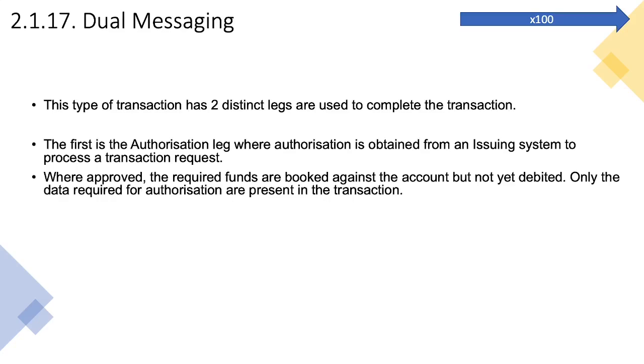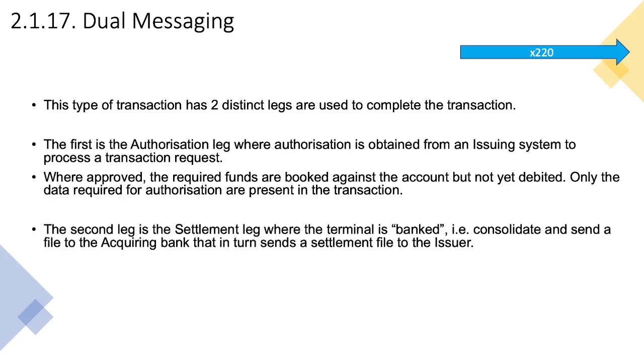Okay, and when that authorization is obtained from the issuing system, the funds in the account are not yet debited at this point. It's booked, it's reserved to be cleared at some point, but at that point of transaction completion, it's simply just reserved. Okay. Later that day, what would happen is that the terminal would bank.